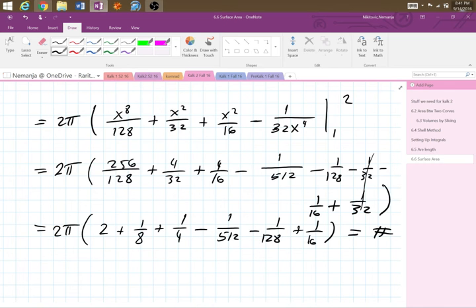Minus, because now we are integrating x to the minus 5. x to the minus 5 is going to be x to the minus 4. But then you're going to have that minus 4 in the denominator, so it's 1 over 32x to the 4. Computed from 1 to 2.